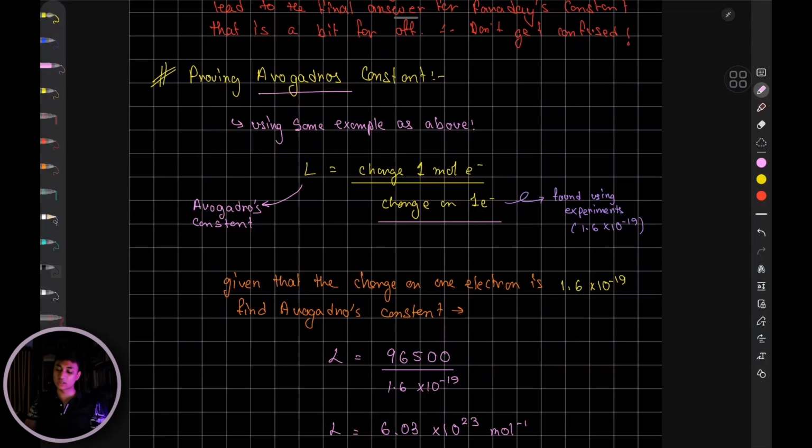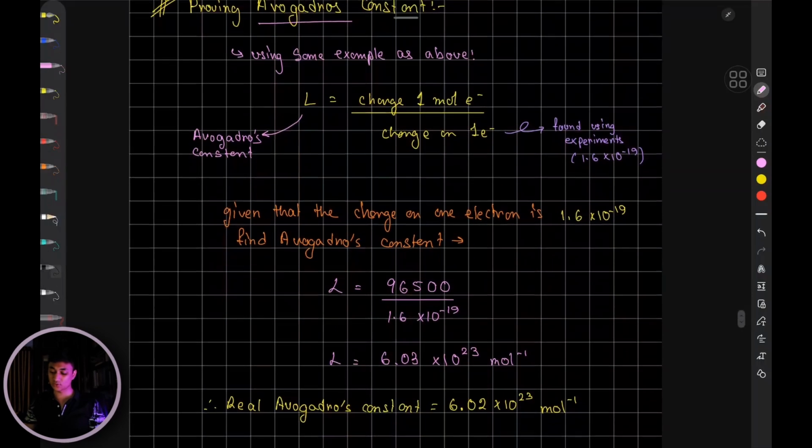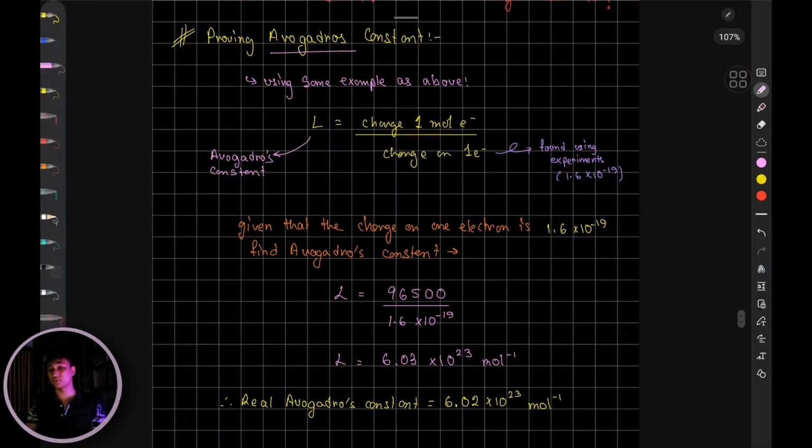Fair enough. Now, one thing I'll also answer is, you may ask, I found out the charge on 1 mole of electron, but how can we derive the charge on one specific electron? I just took this data from the data booklet, but you may argue, how did we find this constant? The answer is, we don't derive this constant. It was experimentally figured out. I guess the name of the experiment is the oil drop experiment or something.